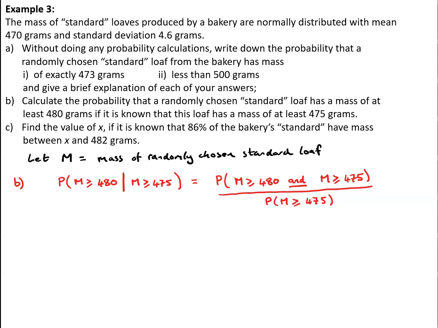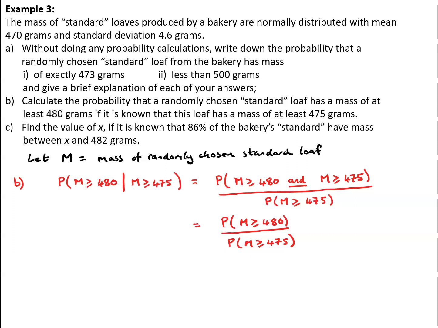Now, if we know the mass of the loaf is greater than or equal to 480, and we're also told that the mass of the loaf is greater than or equal to 475, then those two statements together combine just to tell me that the mass of the loaf must be at least 480. So what we've got to do is obtain the probability that m is greater than or equal to 480, and then divide by the probability that m is greater than or equal to 475.